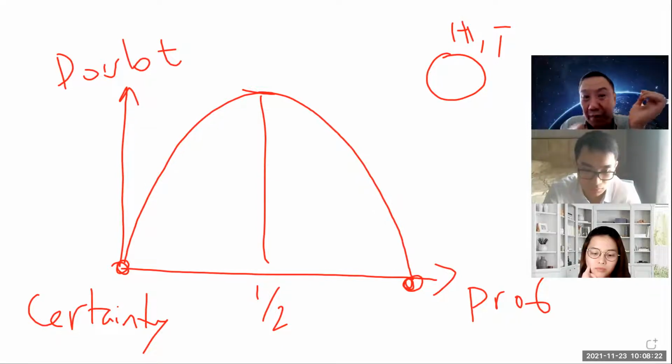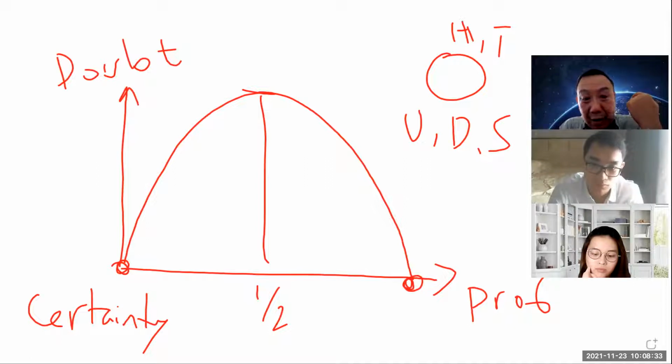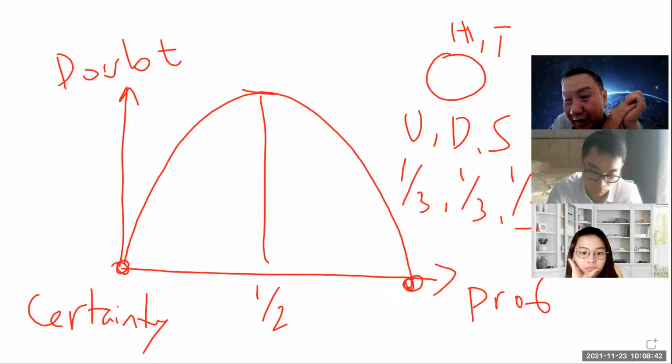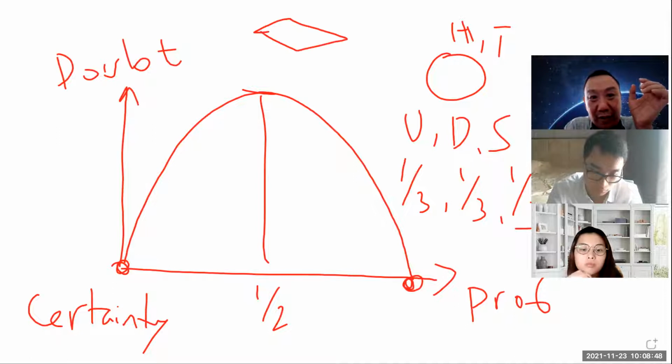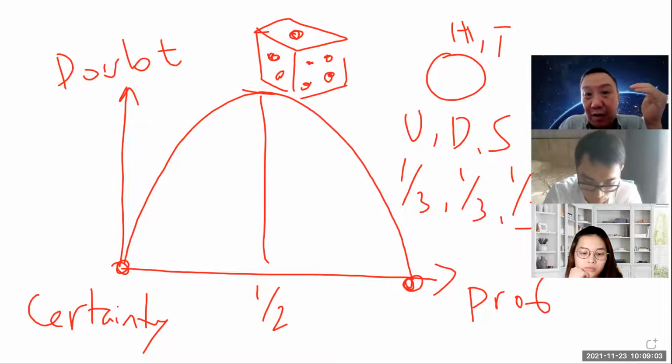Now, if you have 3 values, for example, going up, down, or stay in the stock market, then the probability of maximum doubt will be 1/3, right? If you have a dice, which has 6 faces, then the probability of maximum doubt will be 1/6.